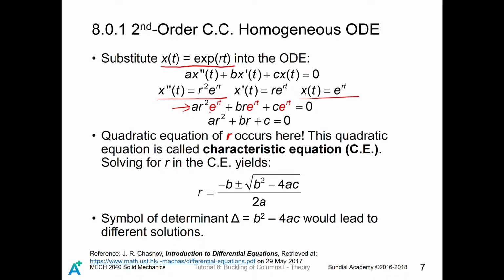Once we cancel everything about e to the rt, what is left, a r squared plus b r plus c equals 0, is the characteristic equation.